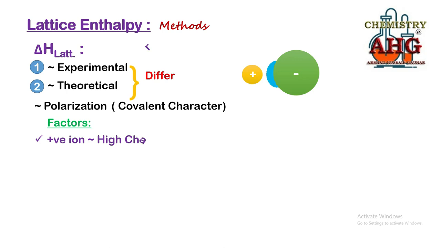If you have been given 2 or 3 or 4 compounds, you can easily tell which one of these would cause more polarization: the one with the positive ion having high charge and small radius. And which negative ion can undergo polarization easily? The one that is having high charge and large radius. So these are the two factors that can help you in predicting the polarization in an ionic compound.